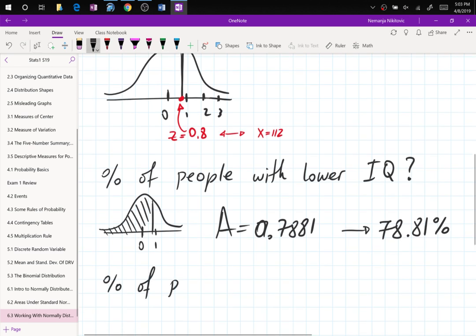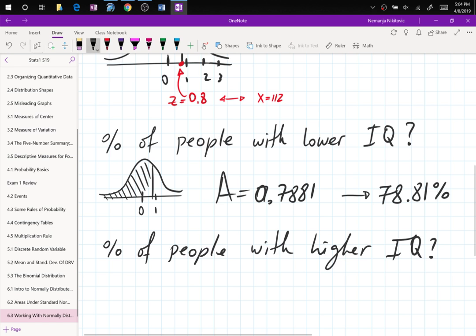Percent of people with higher IQ. Well, that will be area to the right, and we know a way to compute that.